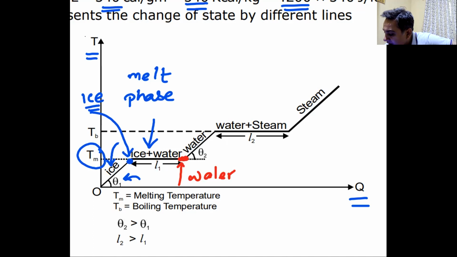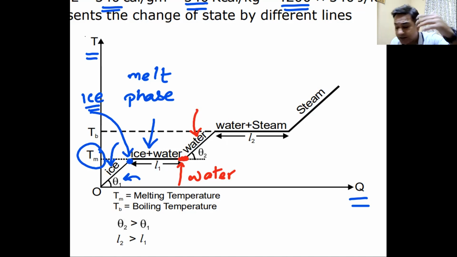Do we understand this? Can I have some raised hands that we understand this? Great. Now I keep giving it more heat. Now the temperature will start to increase. That is given by this phase, water. Now it has come into the liquid phase.